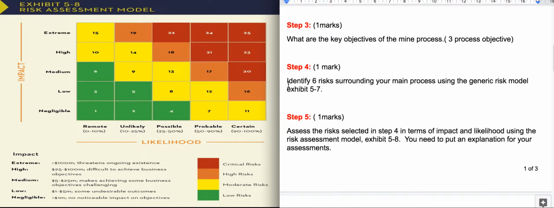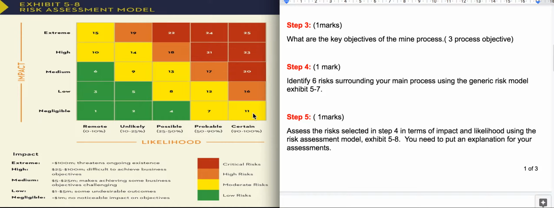So you need to have 6 risks surrounding the main process, and the risks you have identified, you need to put them here. For the first risk, will it probably happen, will it probably not happen, or will it certainly happen? Okay, so you need to put them here. And if it happens, is the impact extreme? Is it high? Is it medium? Is it low?